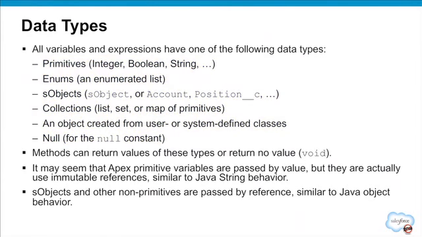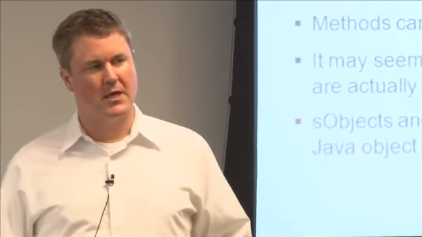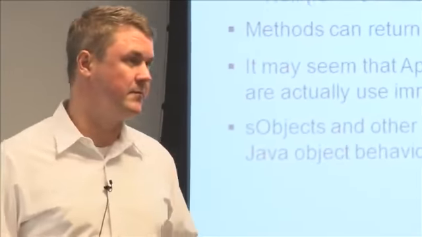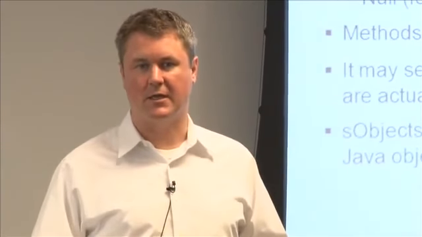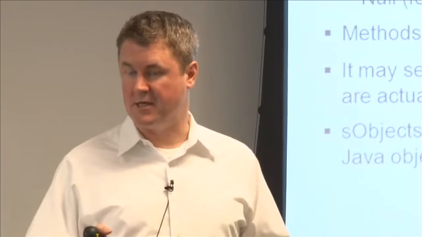The Apex primitive values, you can think of them as being passed by value, and you can think of your object instances as being passed by reference. Technically, the primitives are passed by reference, but they are immutable. So what that means, for those of you who've worked with, for instance, strings in Java, you're technically passing a reference, not a copy, to, for instance, let's say a method.